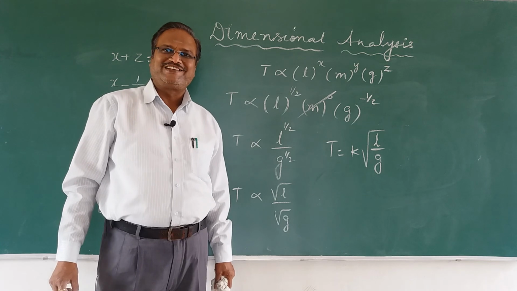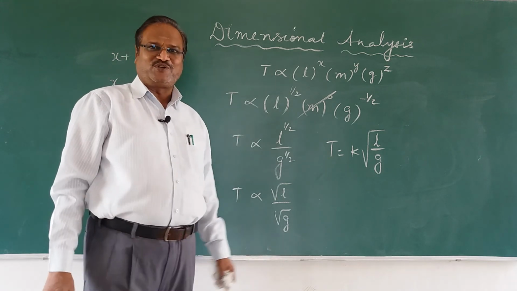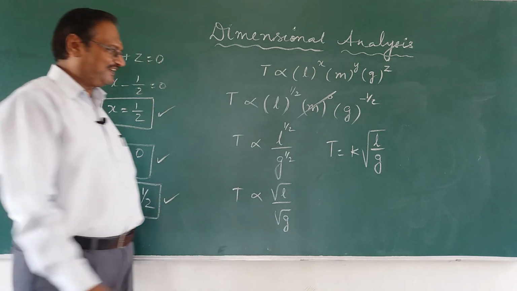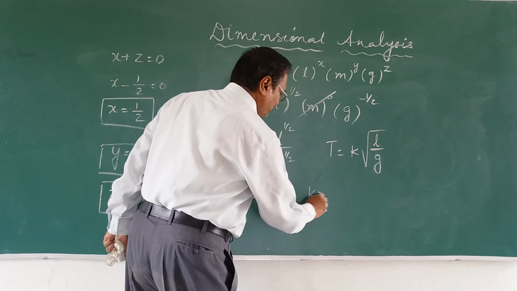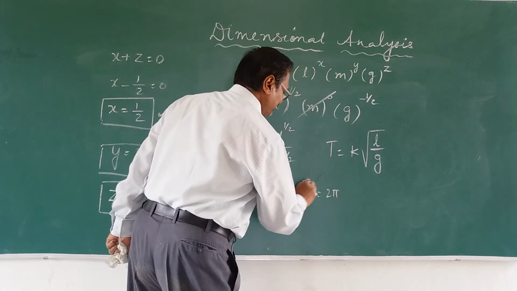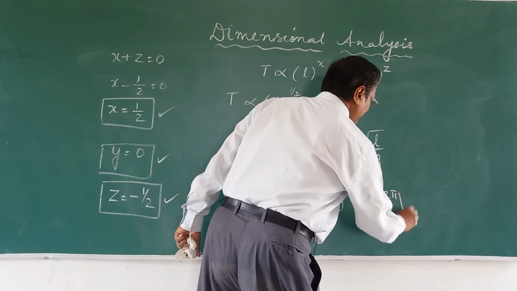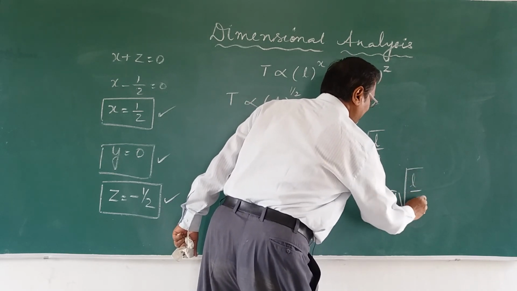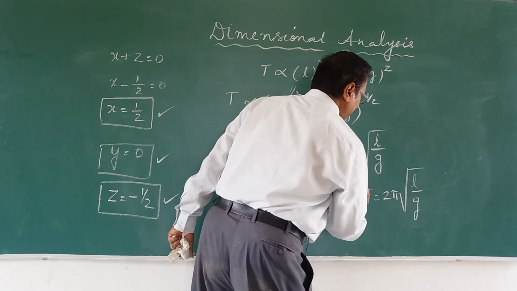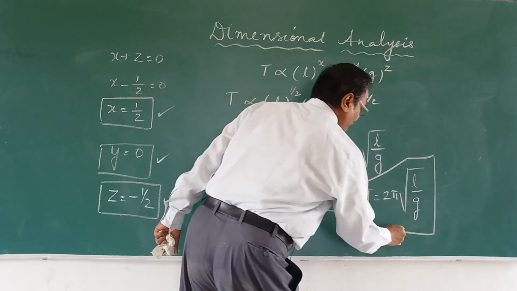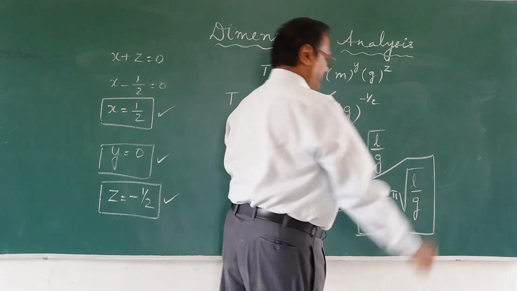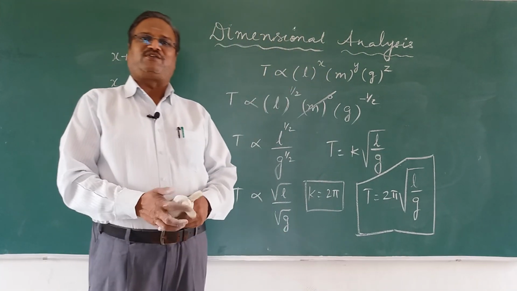We have done it. Now, what is the constant value? Experimentally it is determined, and the k value is given to be equal to 2 pi. So you substitute T is equal to 2 pi under root L by g. This is the formula for the time period of a simple pendulum.